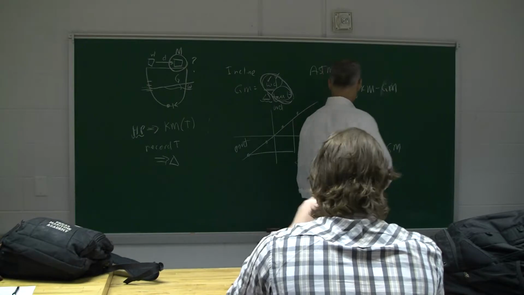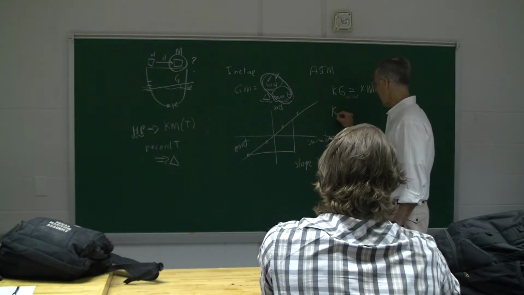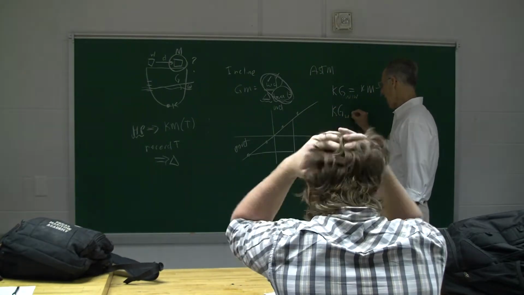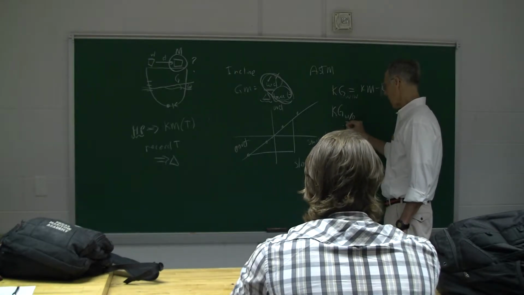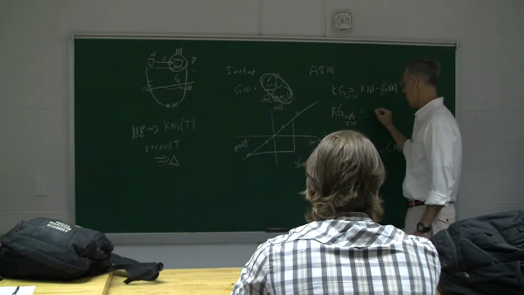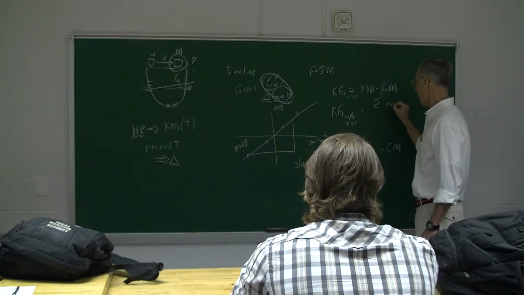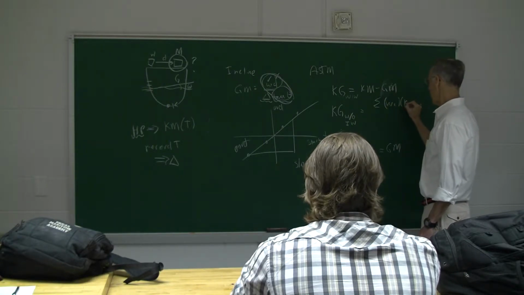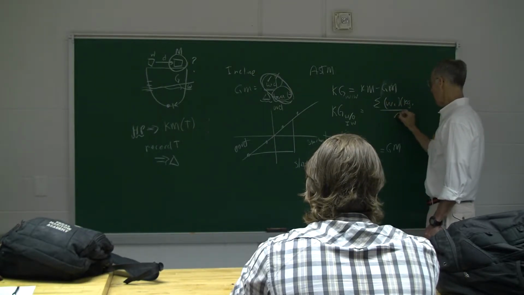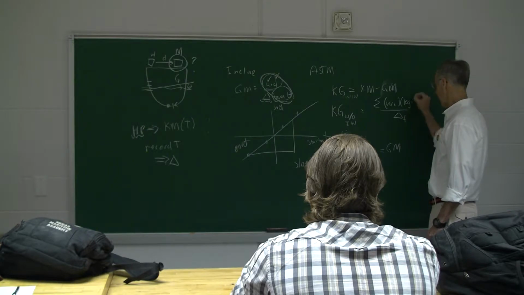Correct, Kg. Good. So what Morgan said is that Kg without the incline weight is going to be equal to the sum of all the individual weights times their individual Kgs divided by the displacement final.